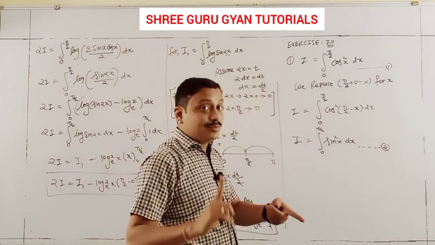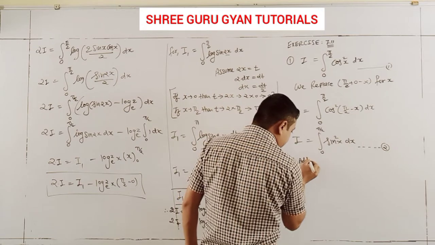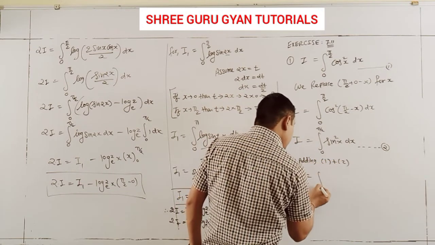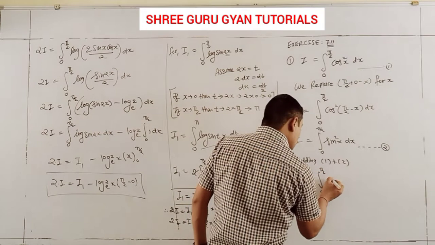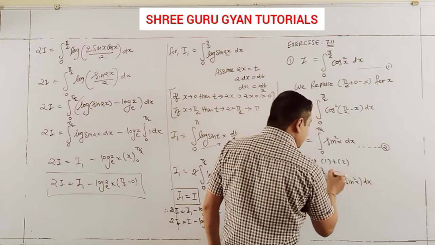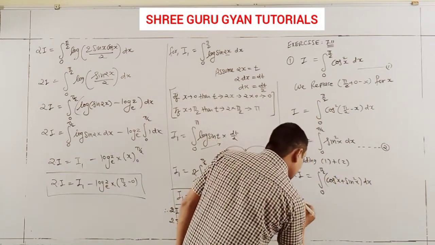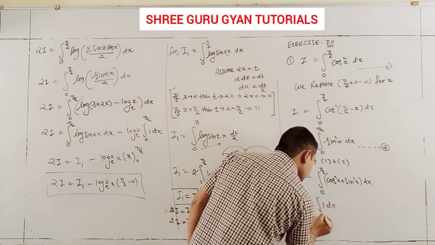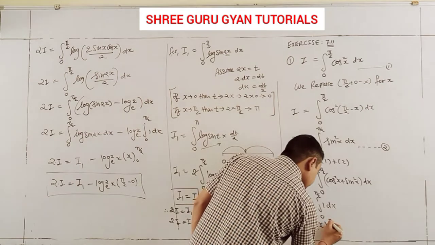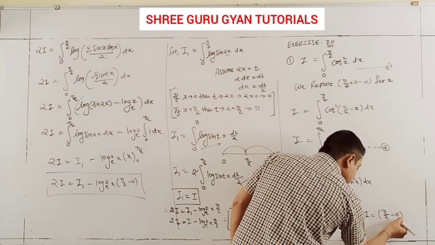Now 1 and 2, both addition. So we add 1 plus 2. Students, 2I is the integral of cos square x plus sin square x. Either you can use the property cos square x equals 1 plus cos 2x by 2, same coming, and here students, only 1, 0 to pi by 2, it is x from 0 to pi by 2. So my answer is 2I equals 90 minus 0.